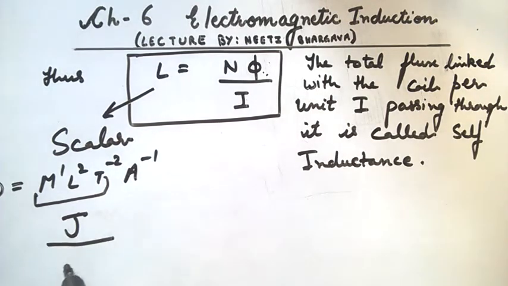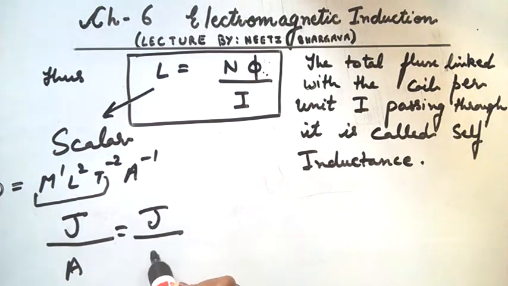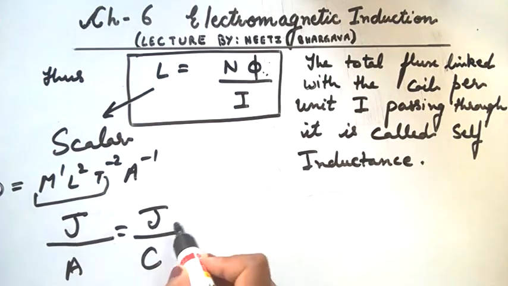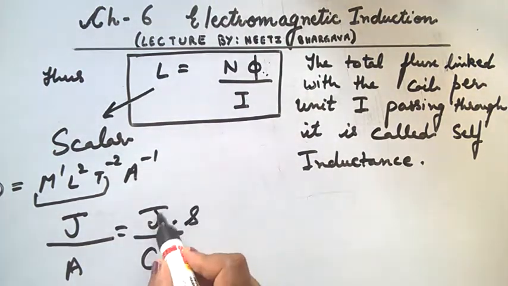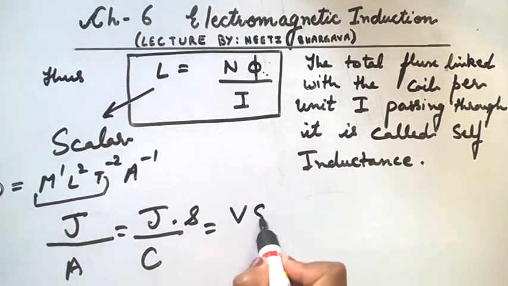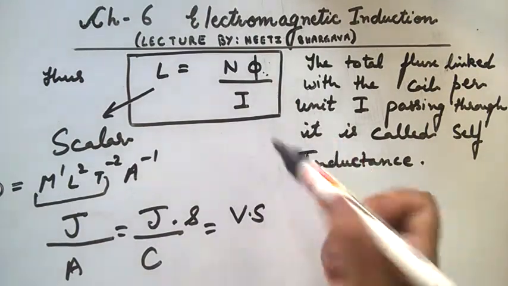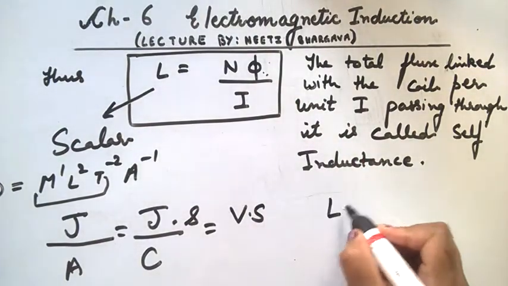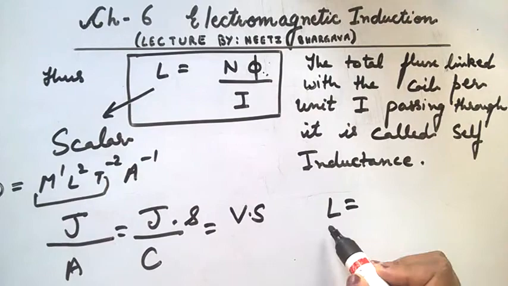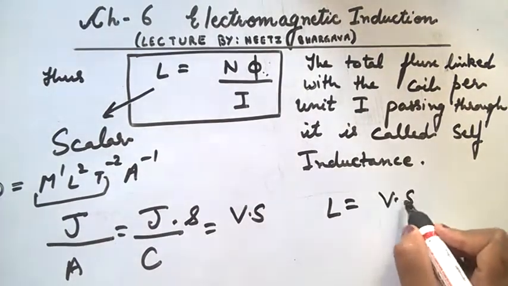We can write ampere as coulomb per second. So joule upon coulomb per second. Joule per coulomb is volt second. So we can write the other unit of magnetic flux is volt second. Therefore the unit of self inductance is volt second by ampere.